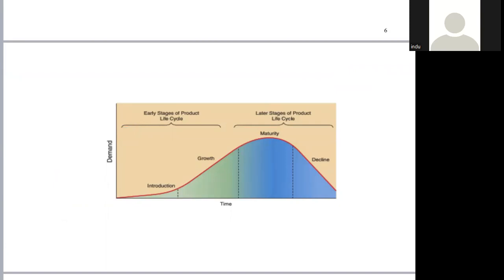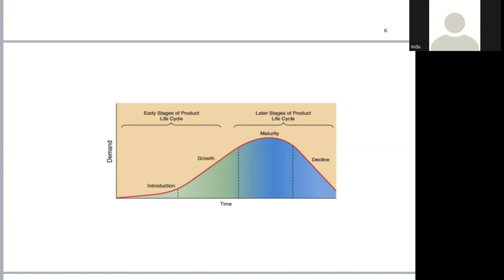So what is the product life cycle first? You know that most products go through a series of stages of change in product demand called the product life cycle, right? Because this product life cycle also changes the demand of the product.